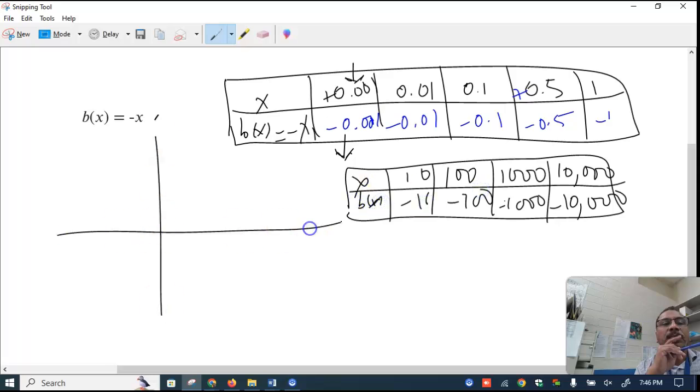If you want to see the line, remember in slope-intercept form it is negative 1 over 1 x plus 0. It means the graph starts at 0 and the slope is negative 1. It means you go down 1, you go 1 right.